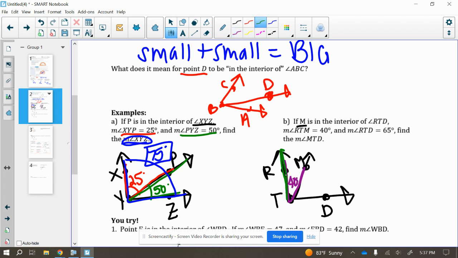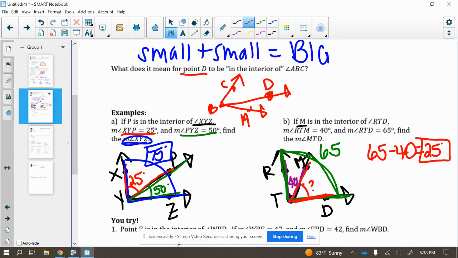RTD, this whole angle here, is 65, and we want to find MTD. Well, similar to with our segments, sometimes we need to do big minus small to help us find our other small. In this case, that would be 25 degrees.